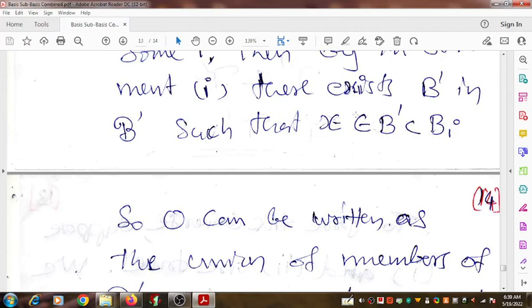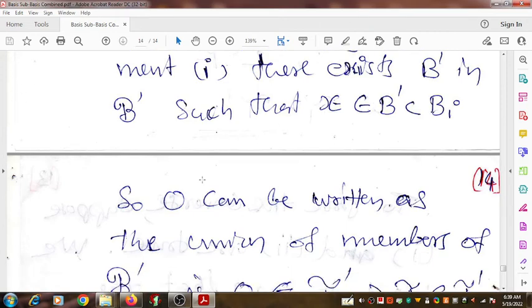Thus, for the chosen element, what is important is that there exists a member B prime in the second basis, script B prime, which contains X. So every element of O can be present in some member of the second basis.